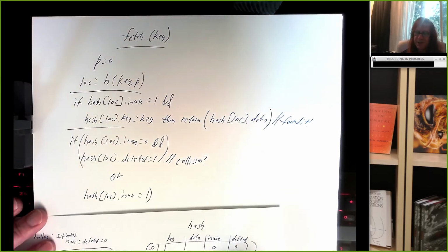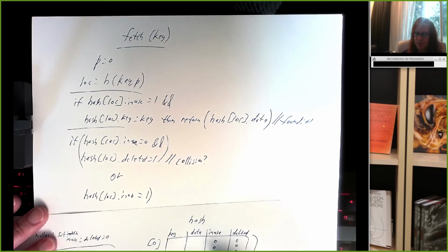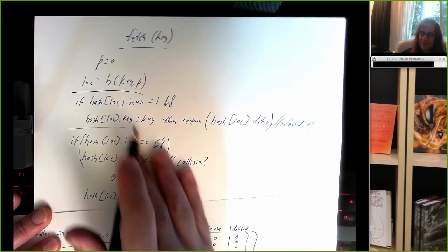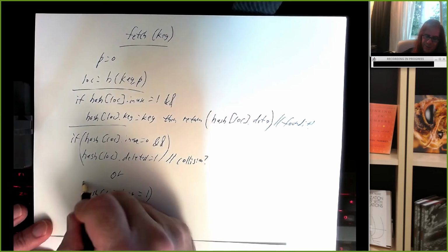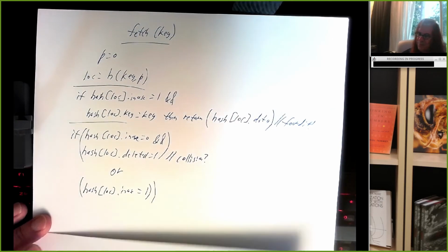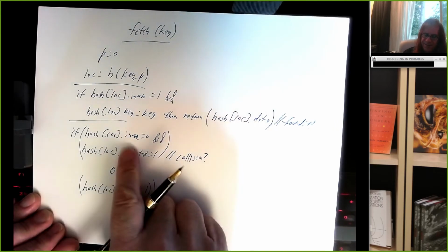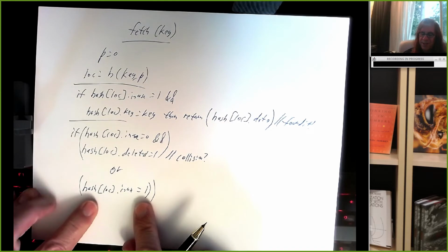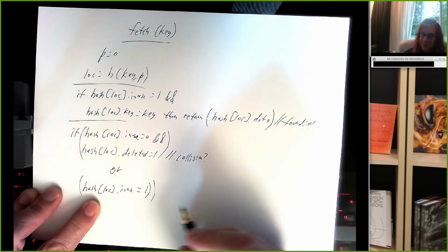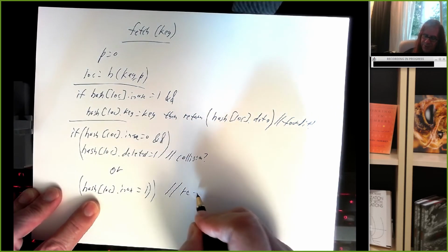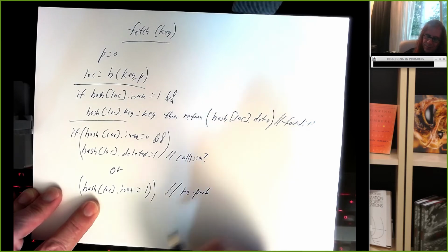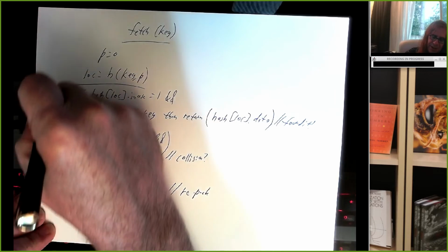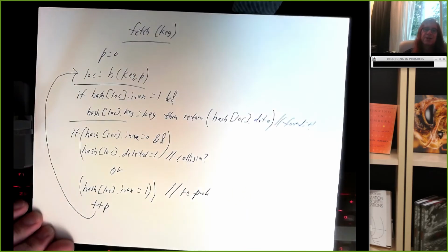Or if this block is actually marked in use, and the key didn't match, because if it matched we would have returned previously. So if either this block is not in use but there was something there, or this block is in use but it's not the key we're looking for, then we need to reprobe. So we need to increment P, and we need to go back up here and try again.